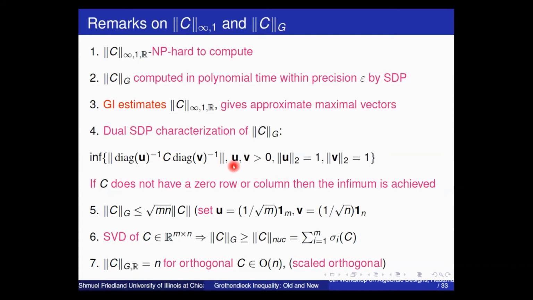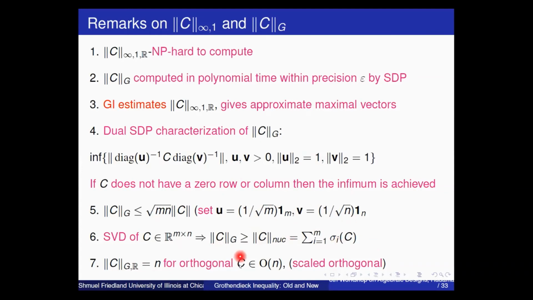If you take U and V to be vectors of dimensions M and N, it doesn't have to be a square matrix. You get this inequality: the Grothendieck norm is less than or equal to the square root of mn times the operator norm. But if you use SVD, you can show that the Grothendieck norm is greater than or equal to the nuclear norm of the matrix C.